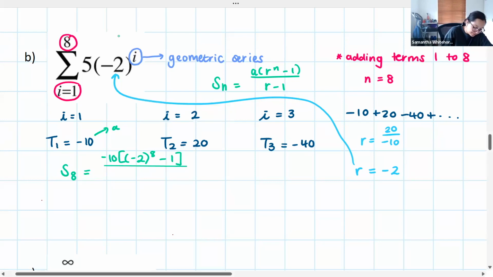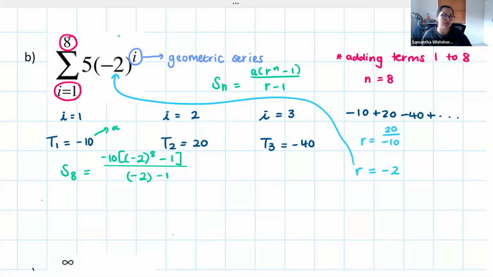All over R minus 1, so negative 2 minus 1. Again, always use brackets when you substitute. It just makes your life easier, and Kirsten taught us this lesson a few lessons ago. Okay, so again, few seconds, tell me what your sum of these 8 terms is.